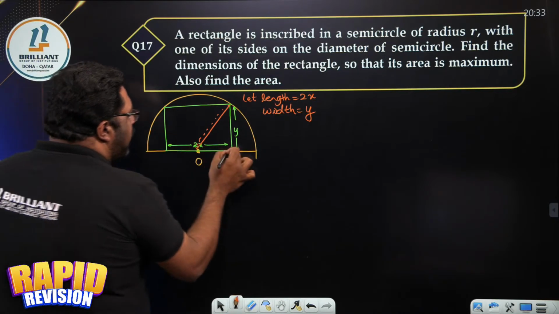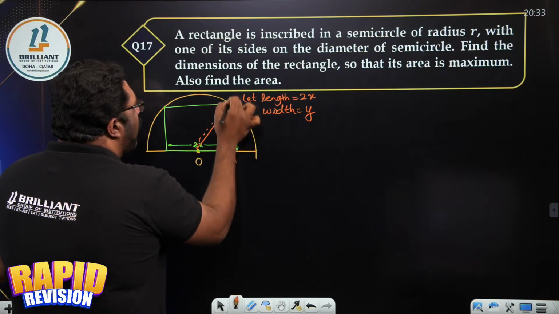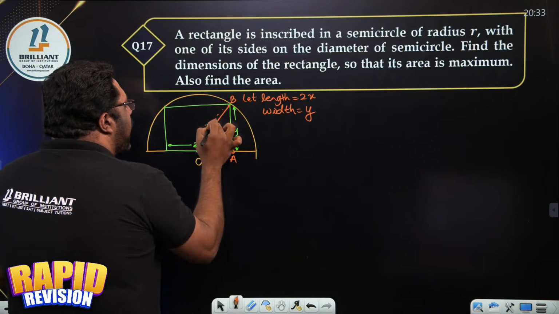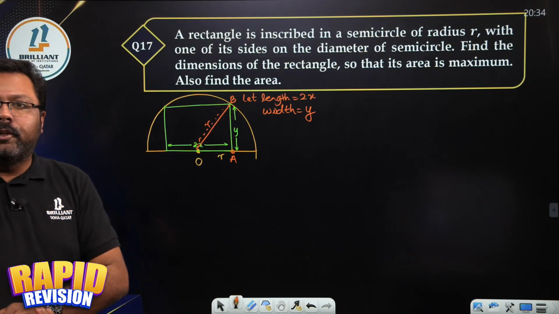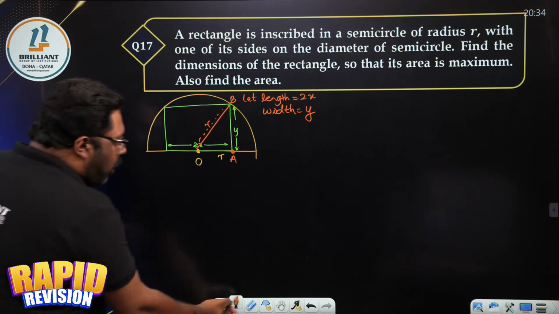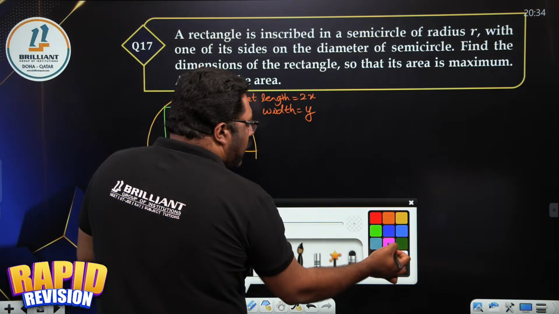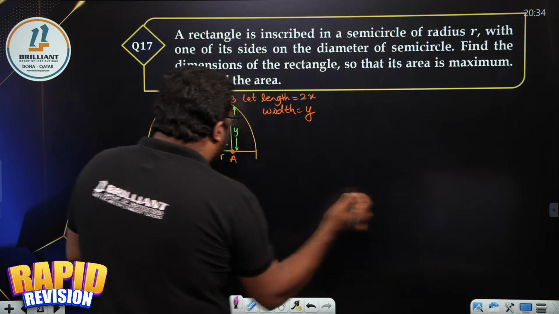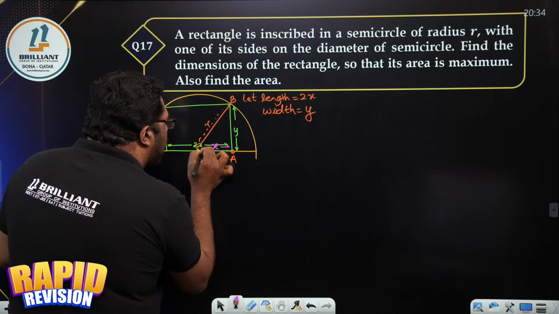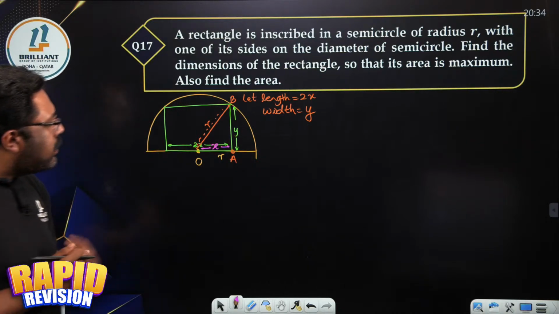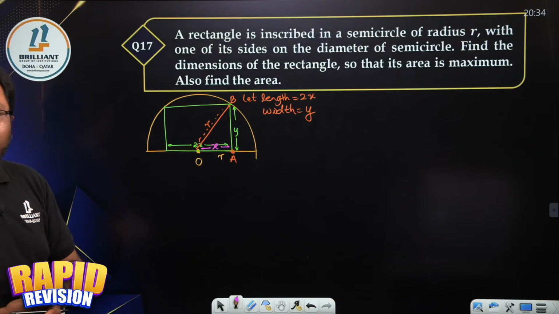Now I consider a triangle over here, OAB. Please understand that OB is also the radius of the circle, and I can say that this is x. The total length of the rectangle is 2x, so that part OA is x.